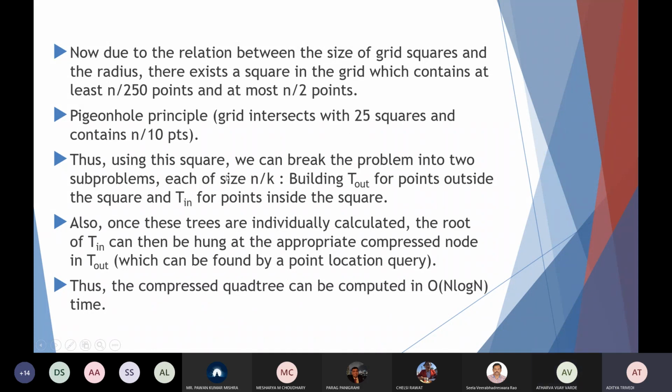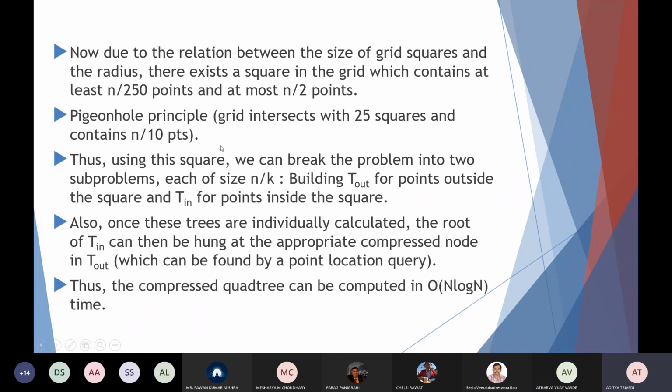And in total the disk has n by 10 points. So by the pigeonhole principle, some cell in the disk has at least n by 250 points. And by one more lemma of the previous PPT, it has at most n by 2 points. So basically what we have done is we have identified a square which contains at least n by 250 and at most n by 2 points.